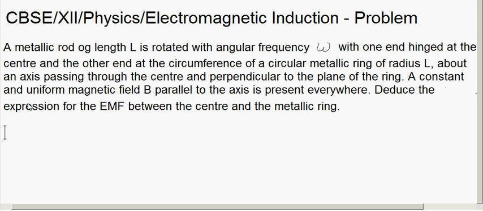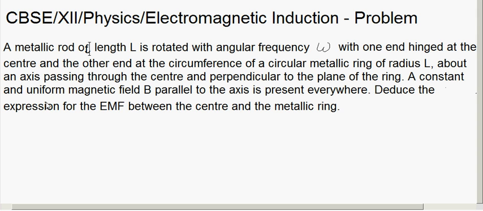Let me read once. A metallic rod of length L is rotated with angular frequency omega with one end hinged at the center and the other end at the circumference of a circular metallic ring of radius L, about an axis passing through the center and perpendicular to the plane of the ring.